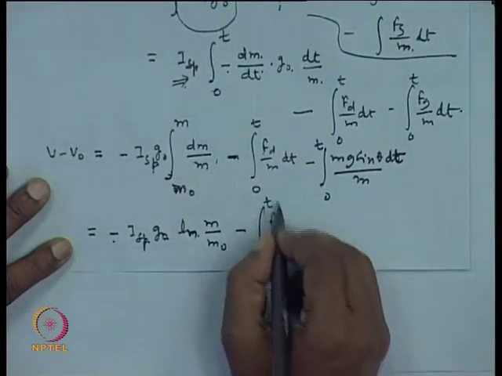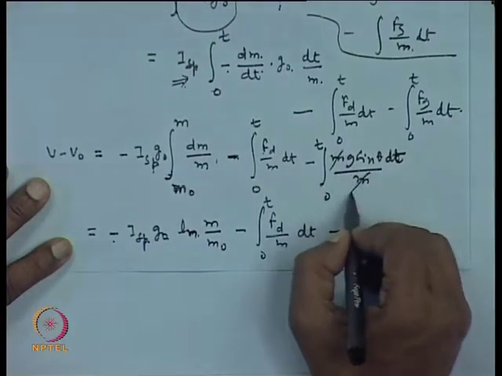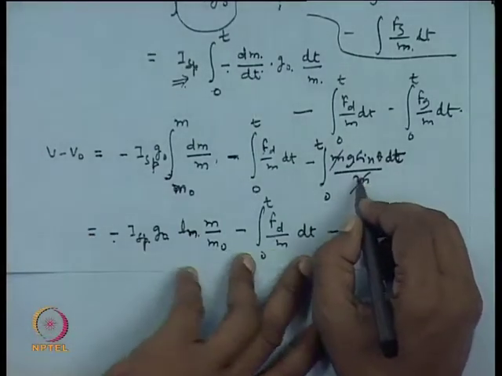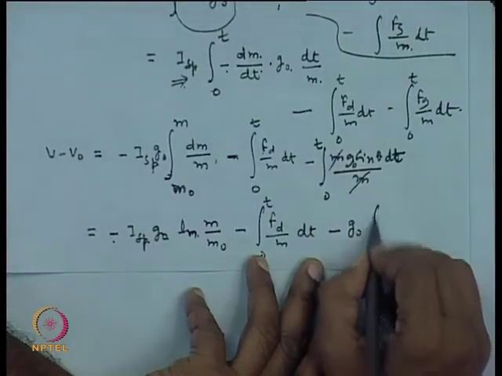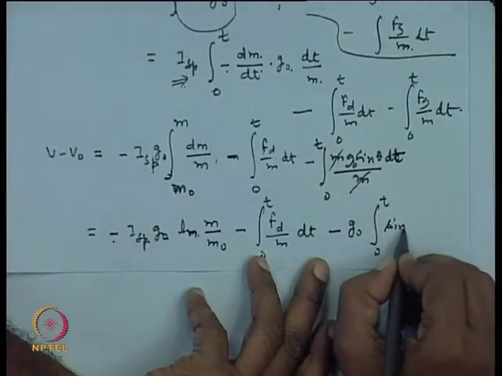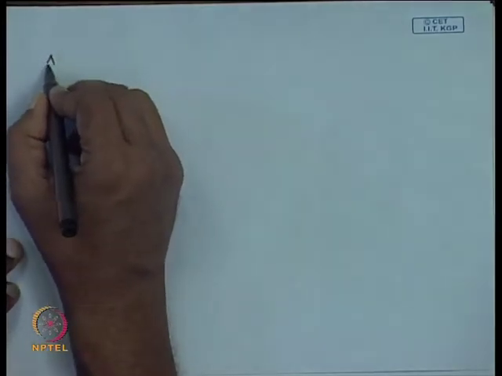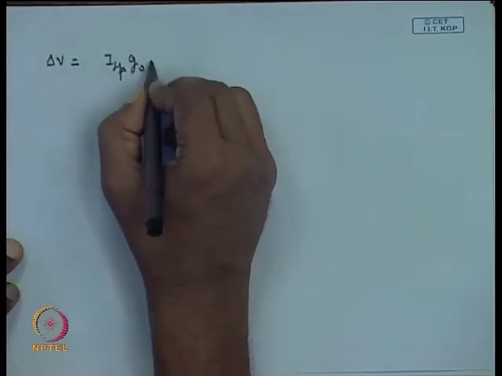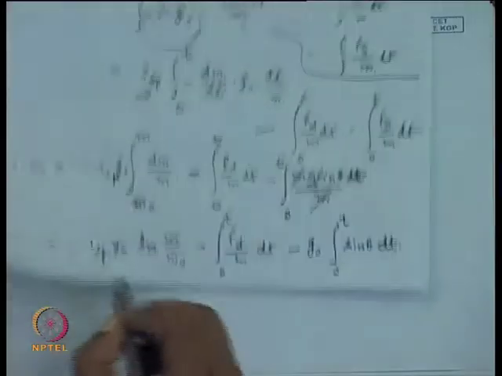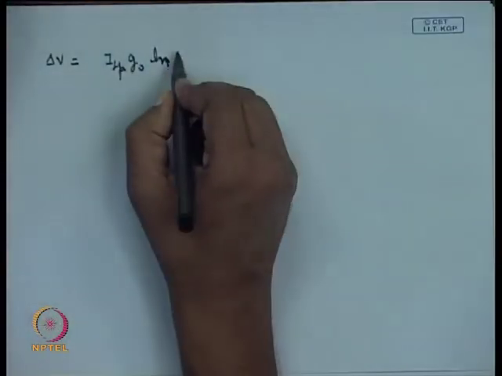Similarly we can write for F_d also, and here m cancels out, and g we are assuming as this value z_0. So, z_0 we can take outside and write this as sin theta dt. So, delta v we can write as I_sp z_0 ln, now the minus sign is absorbed here. So, we can write m_0 divided by m.